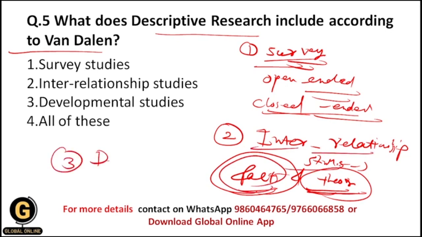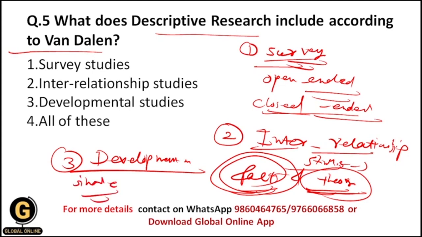And the third study is developmental studies. Within developmental studies, as the name suggests, we are going to study the development of each and every object. For example, if I want to study the development of a particular organism in a human being, such as the heart, then from a single cell I will see its development towards a proper heart.